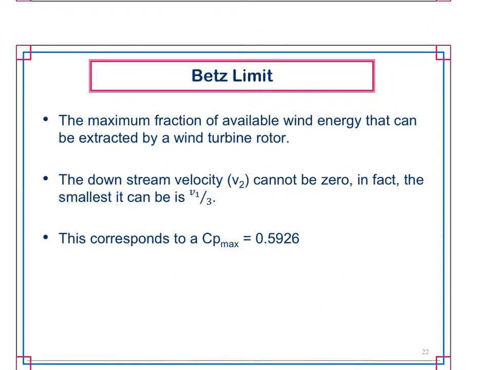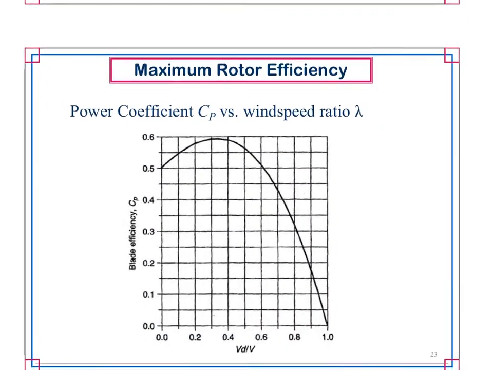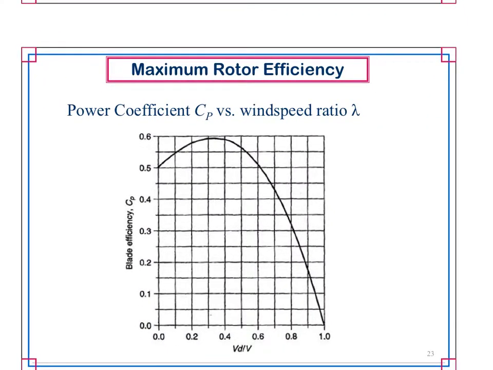So this is a summarization: downstream velocity is 2/3 of the upstream velocity. And then the corresponding C sub P, where you have the maximum coefficient, is almost 60%, 59.26%. Here it also shows, let me go up a little bit more.